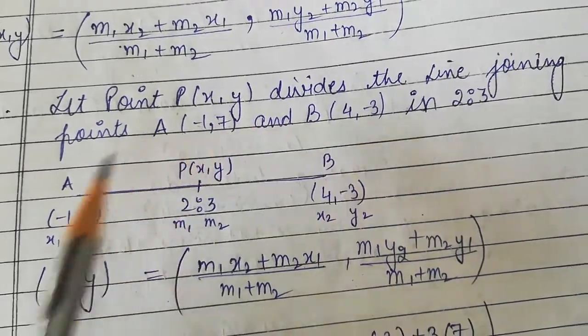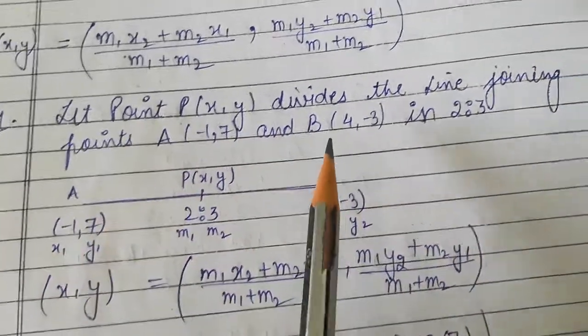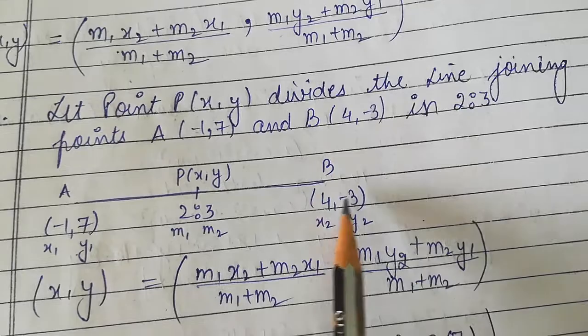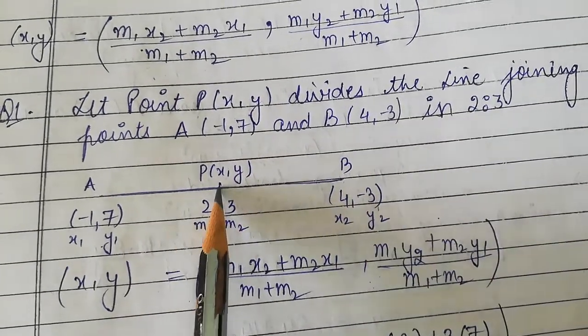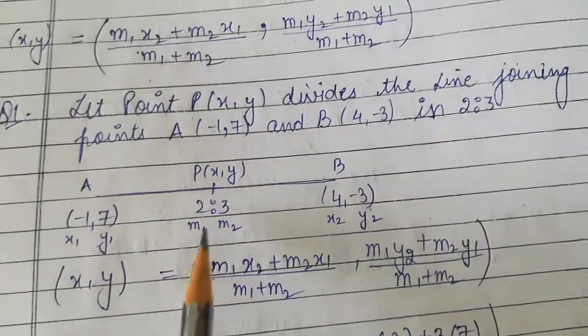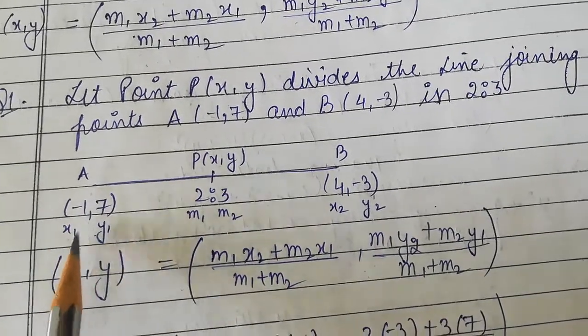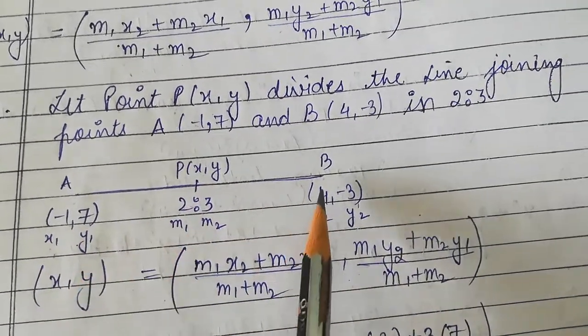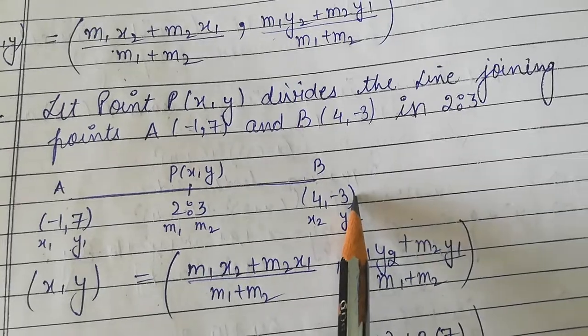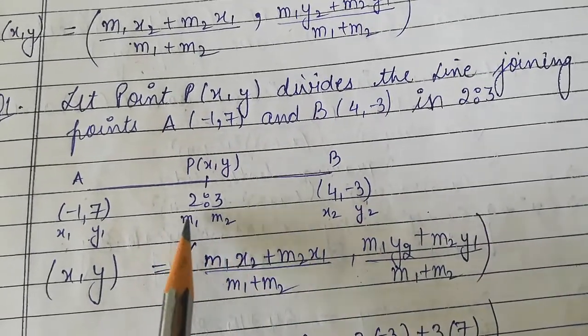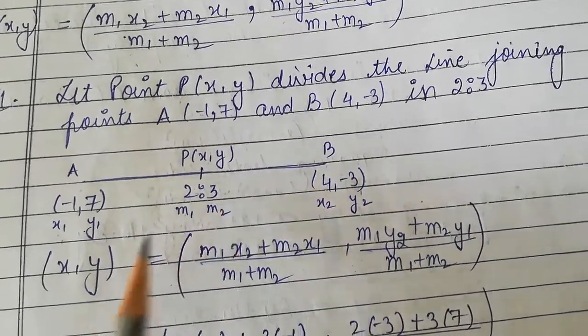Coordinates of the first point A are (-1, 7) and coordinates of point B are (4, -3). Here x1 is -1, y1 is 7, x2 is 4 and y2 is -3. And the ratio M1 is 2 and M2 is 3.